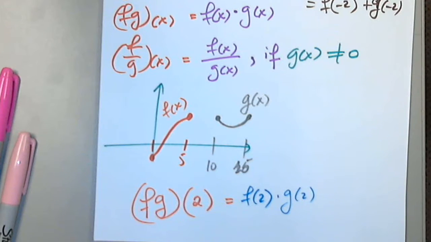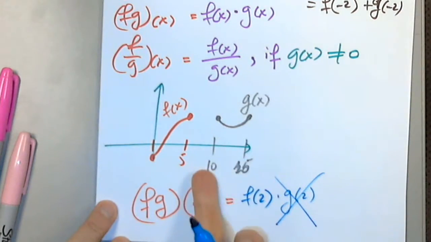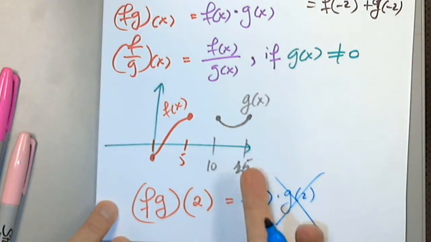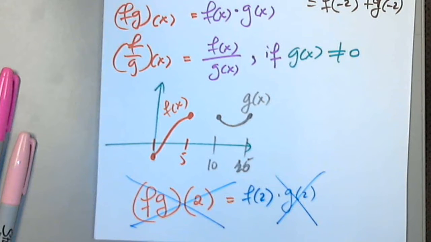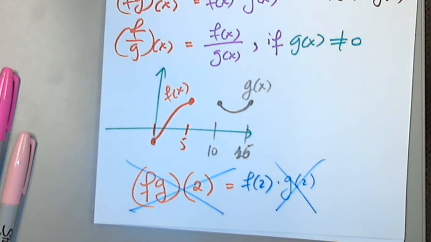Is there anything wrong? Is everything okay? Exactly. G of 2 does not exist because the domain of g is between 10 and 15, so this function does not exist at 2 at least. But actually, the function doesn't exist for any x value.